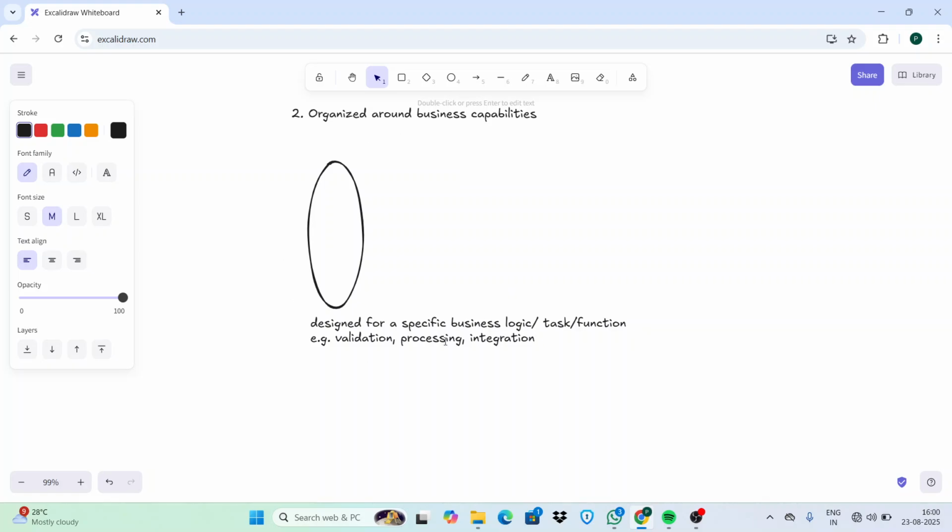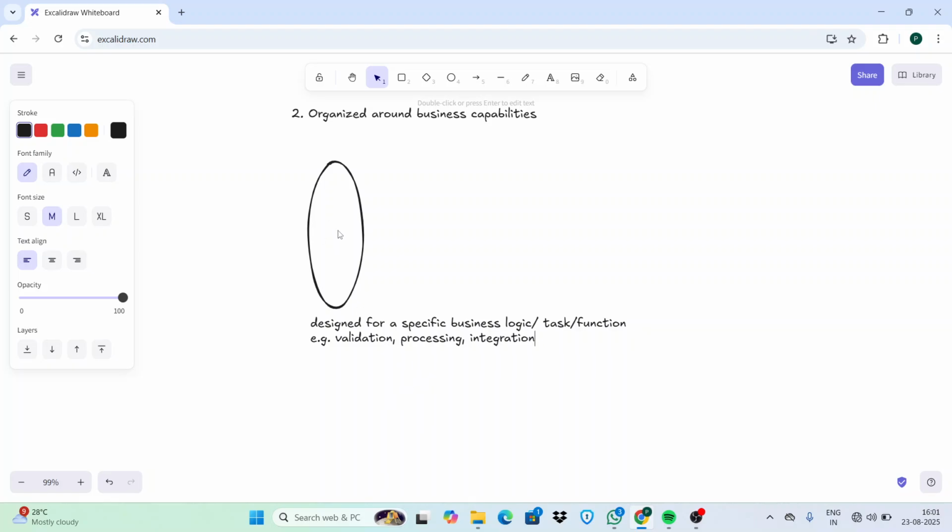So all the related features of that business area are grouped inside this one microservice. That means the team that owns this microservice also owns the full business capabilities, the end to end functionalities.